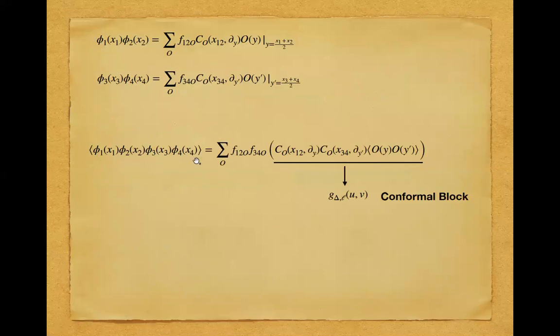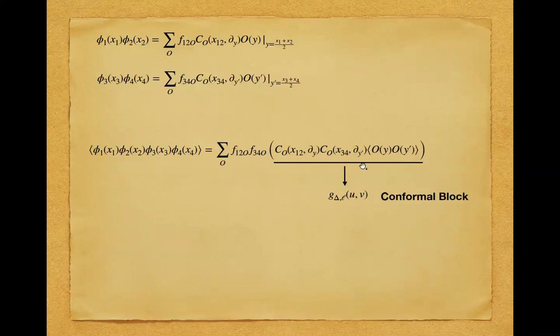For example, you consider this 4-point function of phi1 x1, phi2 x2, phi3 x3, and phi4 x4. Then you can consider the OPE of phi1 x1 and phi2 x2, and you can also consider the OPE of phi3 and phi4. That you can write like this, which I have written here.